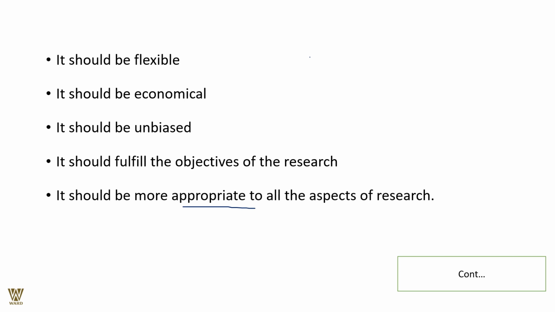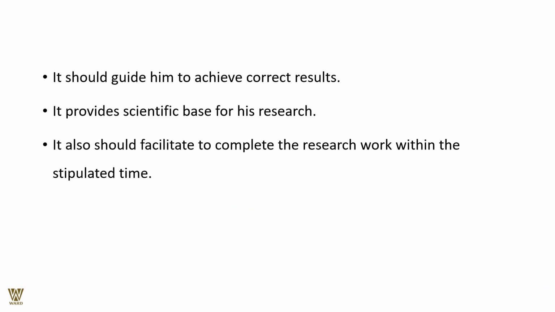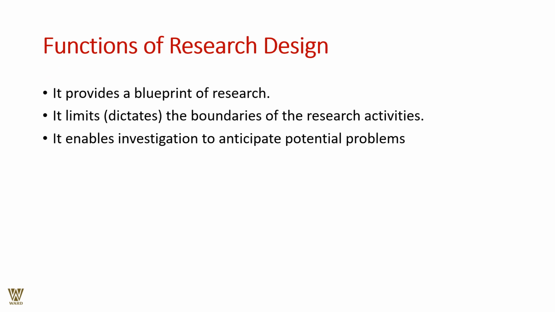So yes, we should talk about research being economical, flexible, unbiased, objective, and appropriate for all aspects of research. The outcome should give me absolutely accurate results as far as possible, with a confidence level of over 90%, 95%, if possible 99%. It provides a scientific base for this research. It should also facilitate completing the research work within the stipulated time.